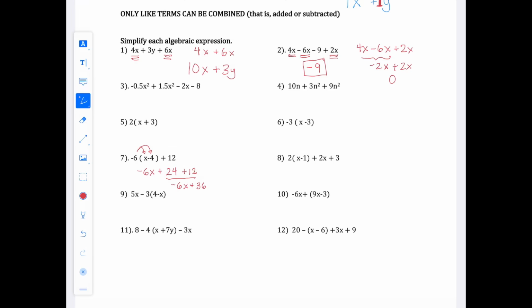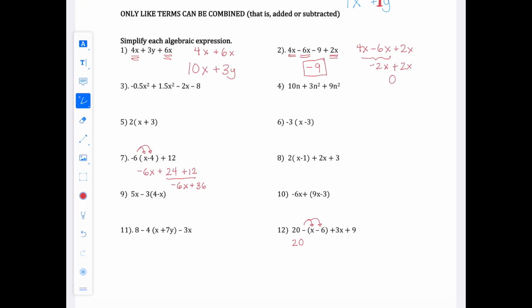All right. So let's look at 12, and then I will just put up the solutions to the rest of these problems. 12 reads 20 minus that quantity x minus 6 plus 3x plus 9. Folks, we are going to distribute first. So that looks like 20, and I'm distributing that negative to both terms.